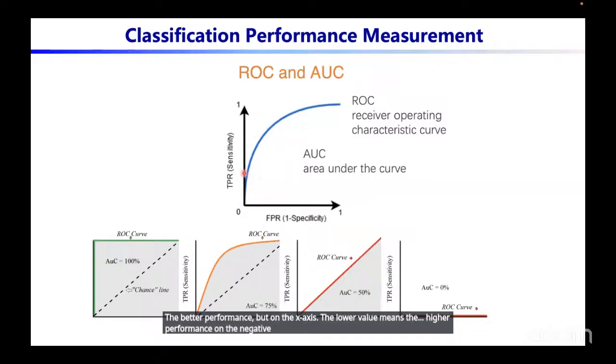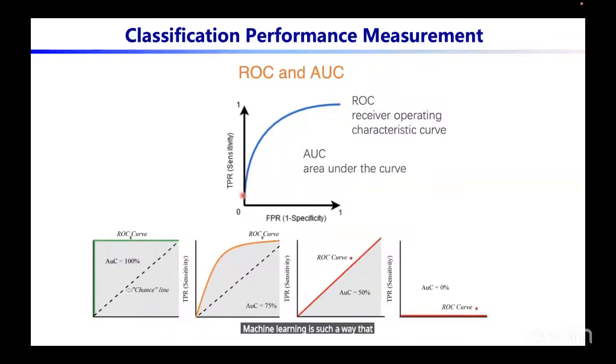So you can see that we developed multiple machine learning models in such a way that, initially, we allow the negative samples to achieve high performance at the sacrifice of the positive. That's no problem. But we vary the parameters to increase the performance of the positive, which may or may not be at the sacrifice of the negative. In this case, it's really at the sacrifice of the negative.